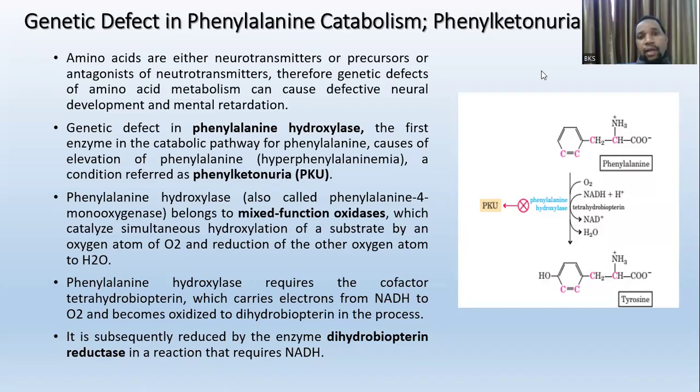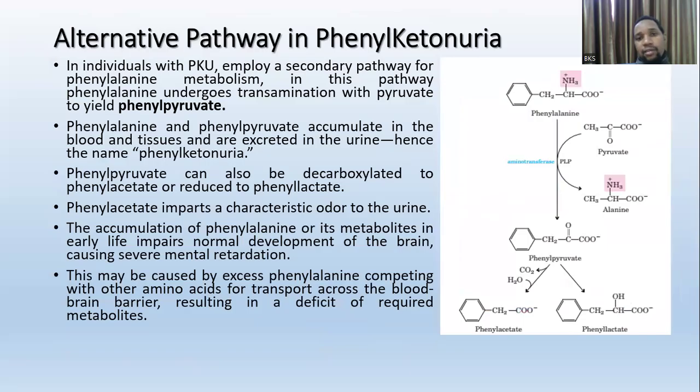Genetic defect in phenylalanine catabolism leads to phenylketonuria, and we talked about how phenylketonuria comes about, and the alternate pathway leading to formation of phenyl pyruvate, which is converted to phenyl acetate and phenyl lactate.